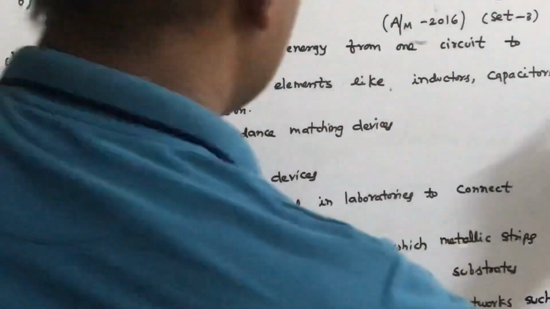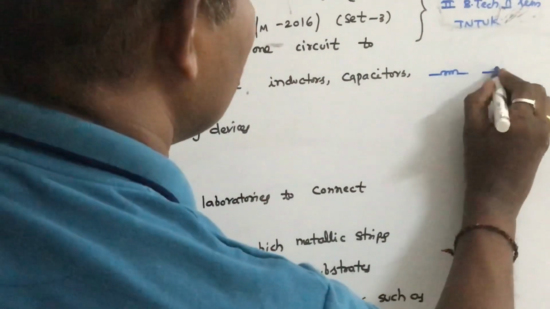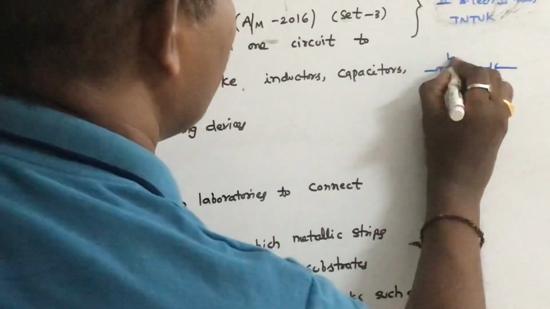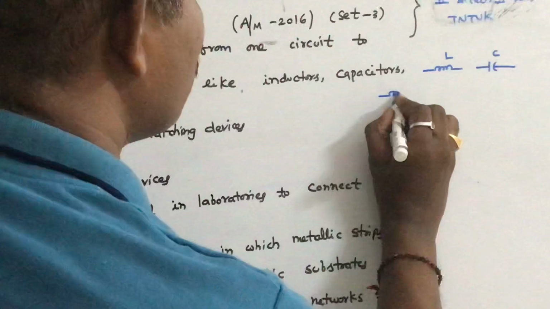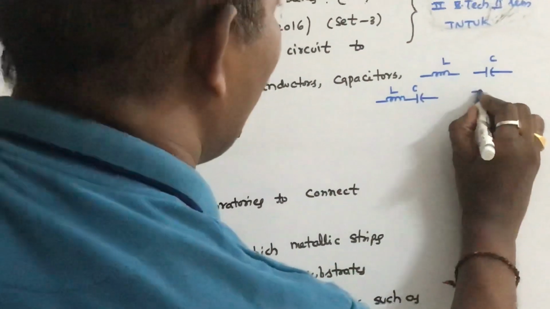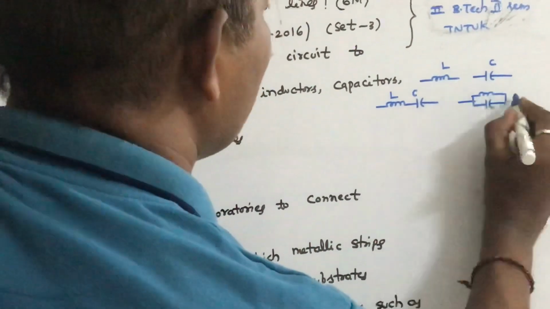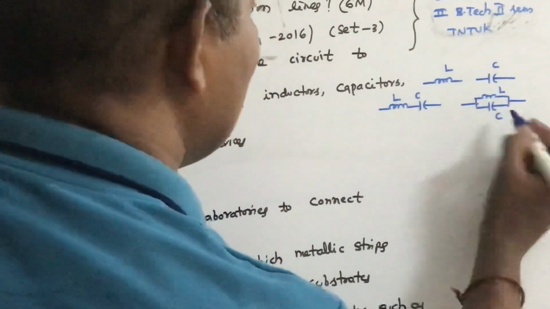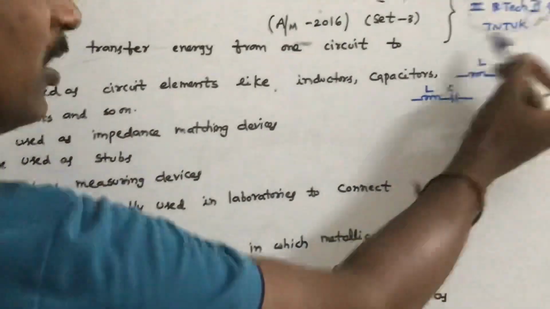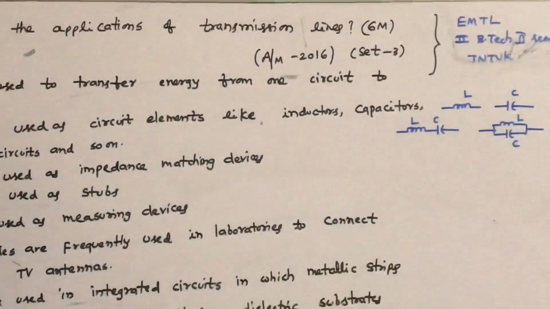That means transmission lines can be used as inductors, capacitors, series resonant circuits and parallel resonant circuits. Depending upon the length of the transmission line, they behave like an inductor, capacitor, series resonant circuit or parallel resonant circuit.